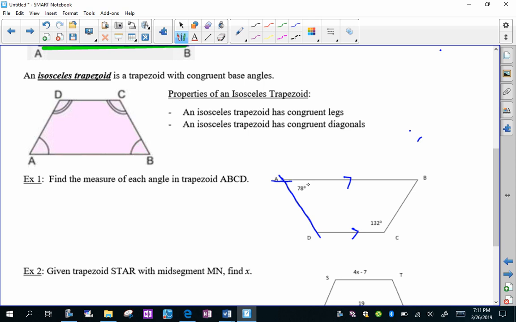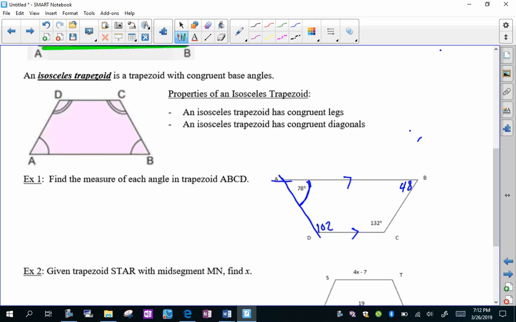So, with my transversal, I know that the same side angles are supplementary. That's important. Same side angles of a transversal are supplementary. So if angle A is 78, then angle D must be 102. And if angle C is 132, then angle B must be 48, because those two angles also are supplementary.